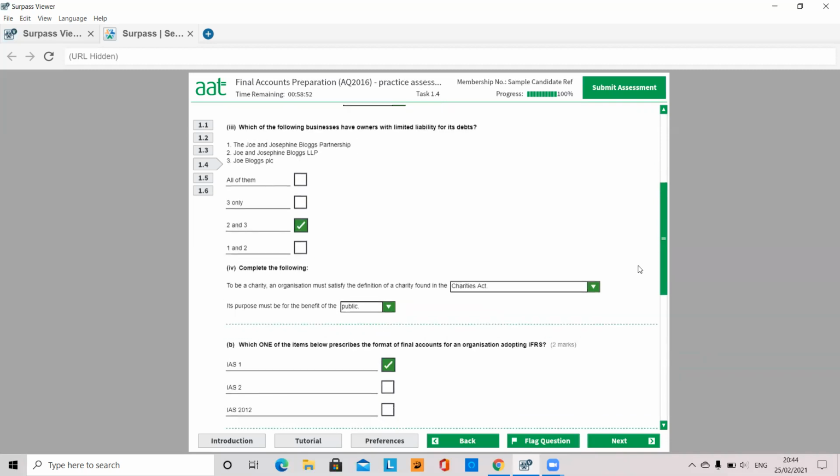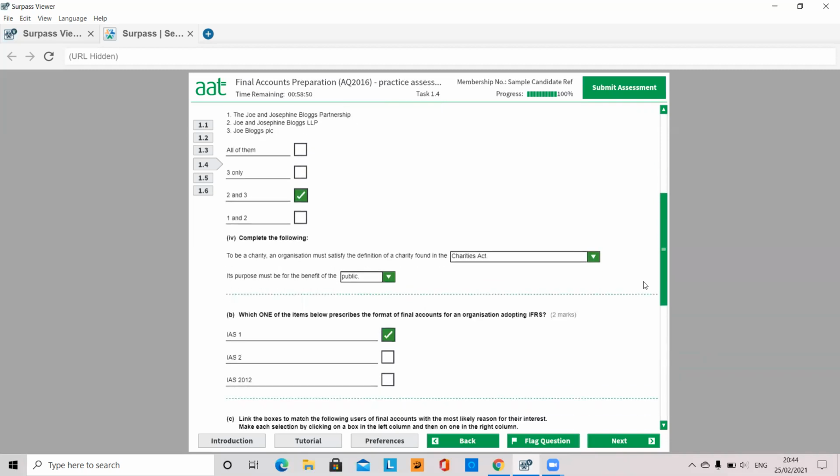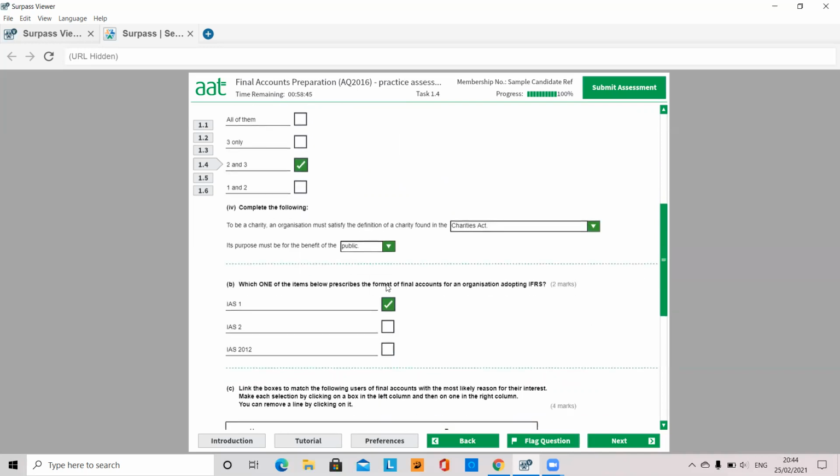International accounting standards, so an IFRS question. So I said, which of the following prescribes the format of final accounts for an organisation adopting IFRS standards? So International Accounting Standard 1 is what determines the format of the accounts.